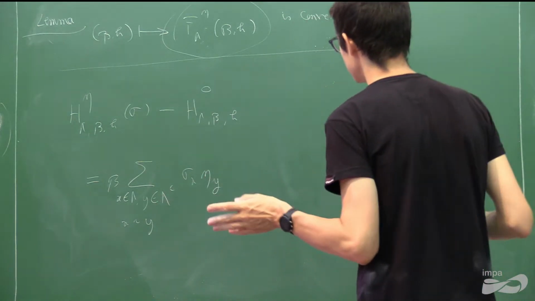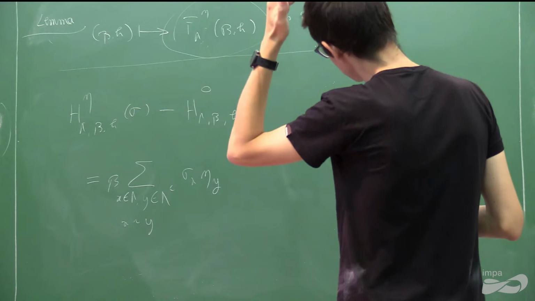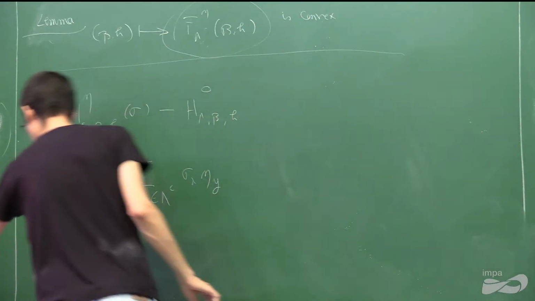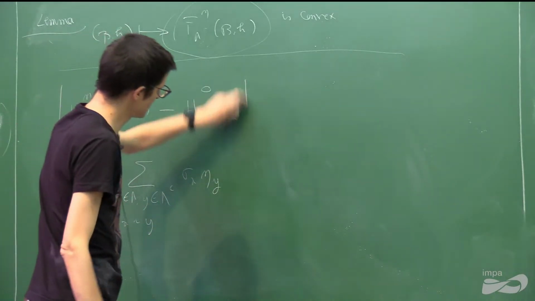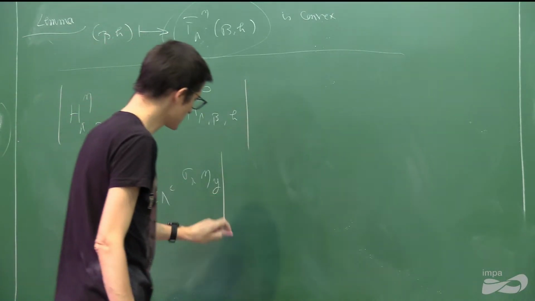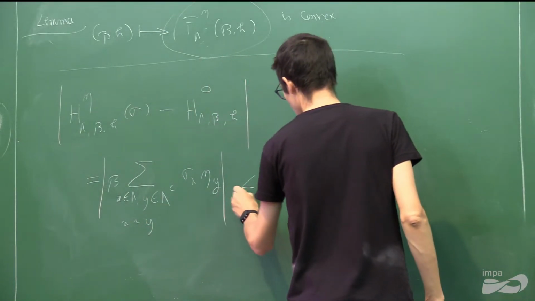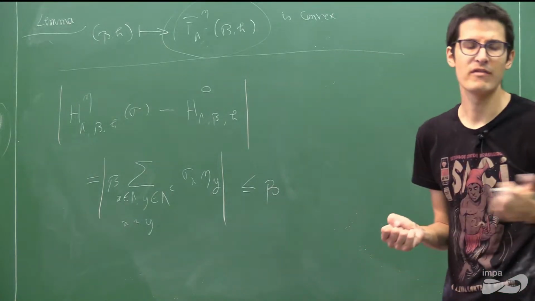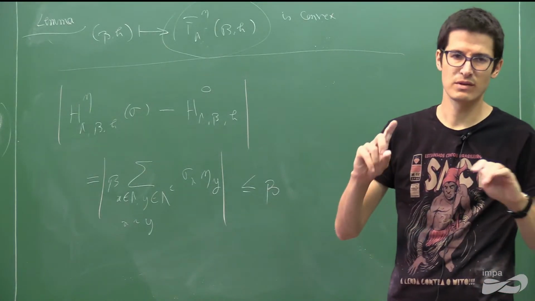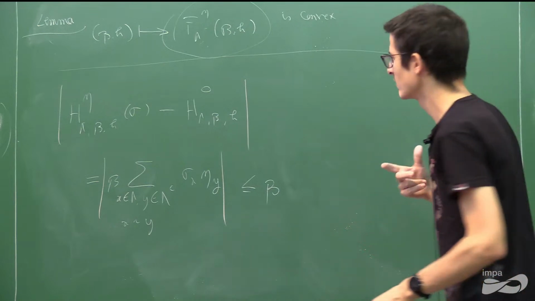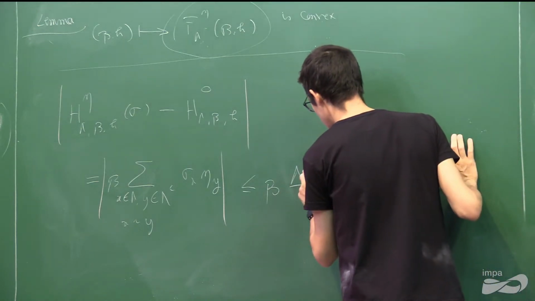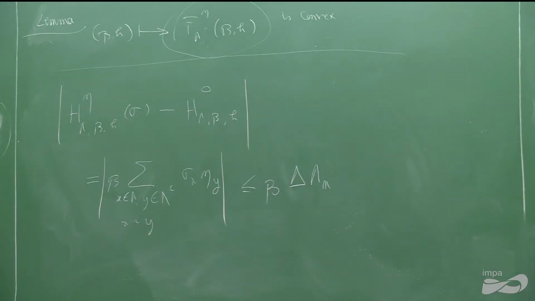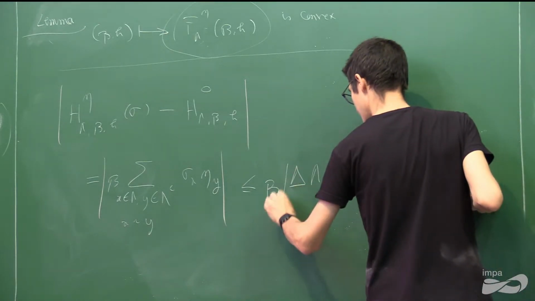So what I have is that this is equal to this, and this is smaller than beta times basically the number of edges between lambda n and its complement. This set of edges, this is what I called delta lambda n. And you have to take the cardinality here.